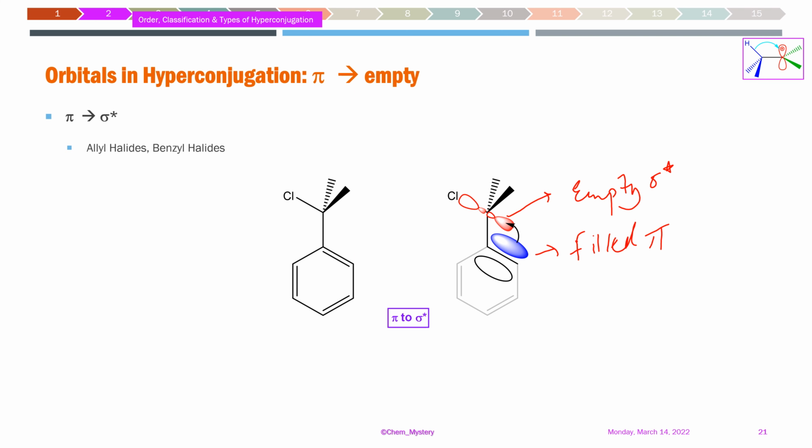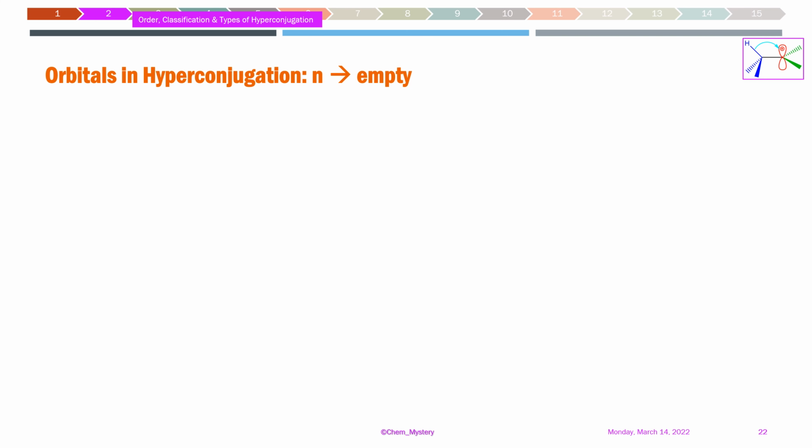We also have orbitals which can involve non-bonding electrons going to the empty orbital. Two examples we are going to take here. One is the case of the ethers. Another one is the case of what we can call acetals, or derivatives of acetals, understood as the glycosides.